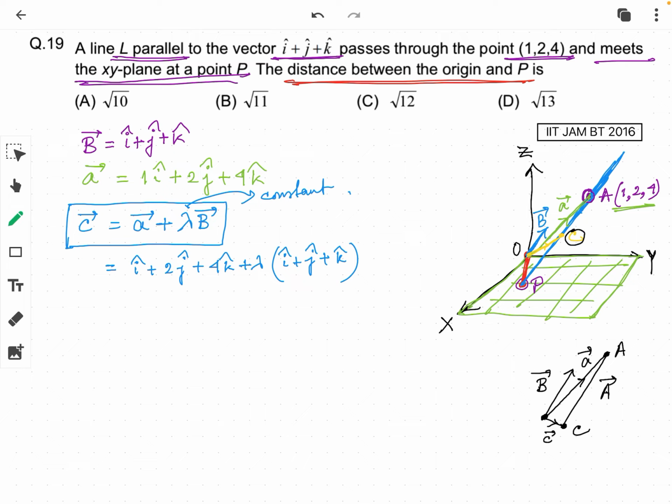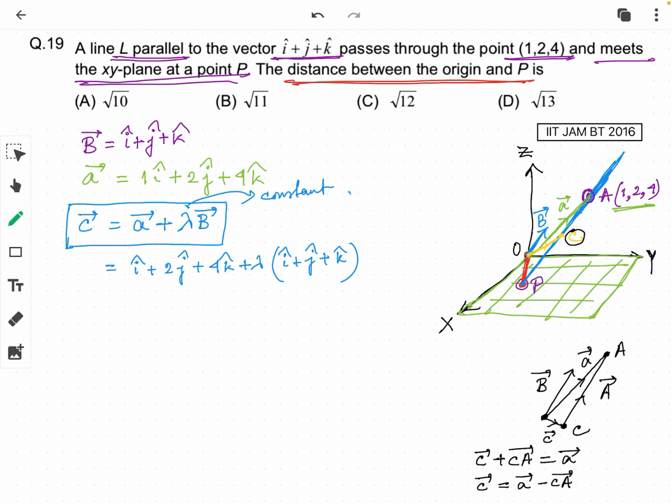So here we can have CA, as we can write C vector plus CA vector equal A vector, or we can write C vector equal A vector minus CA vector.